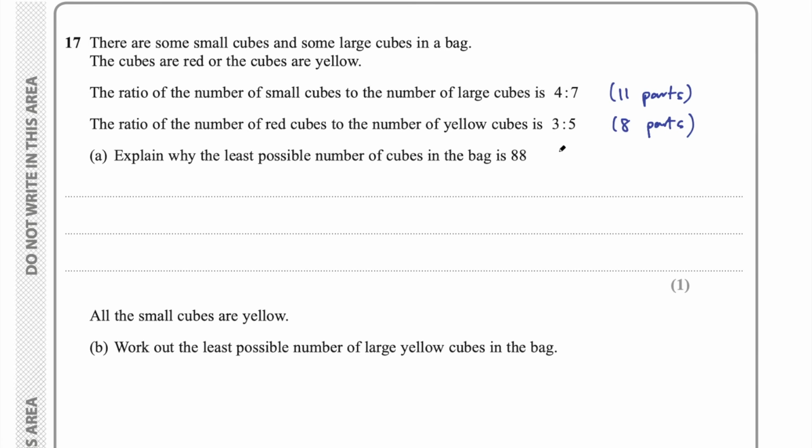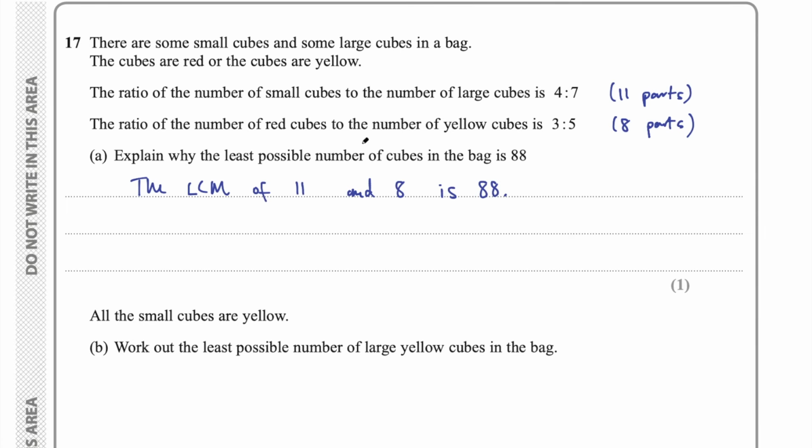And so what we're actually looking for is the lowest common multiple of 11 and 8. That's what we're looking for. And because 11 is a prime number, the lowest common multiple is 8 multiplied by 11. So it's 88. That's why 88 is the least possible number of cubes.